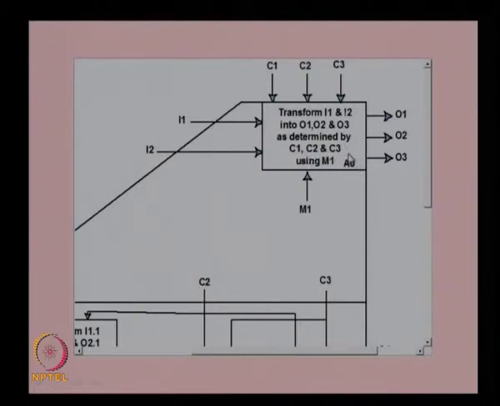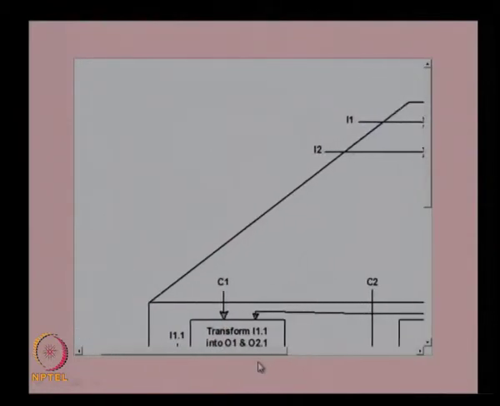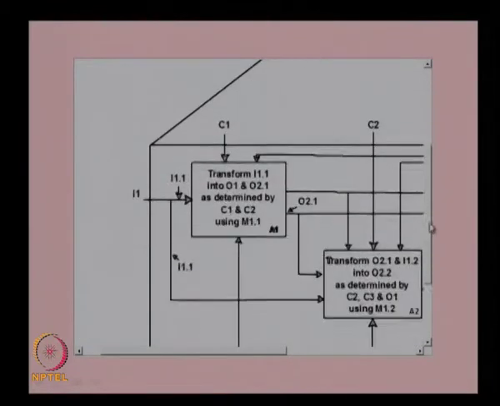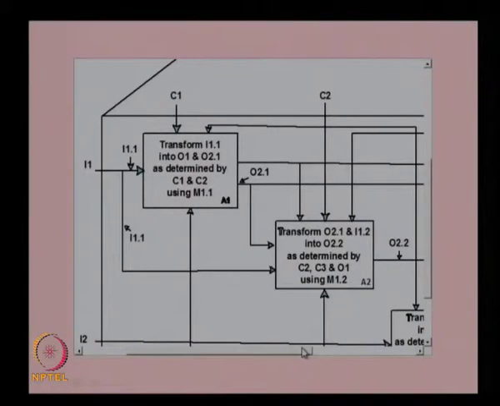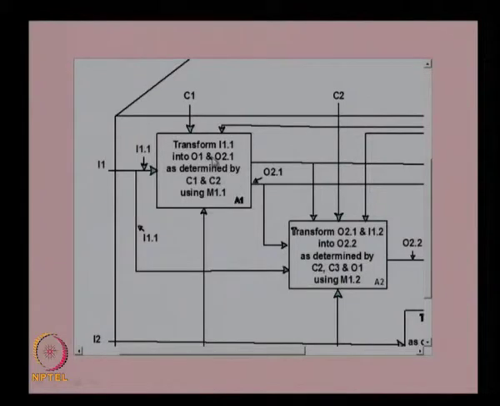So that is the top level function A0, and then this A0 function is divided into its sub functions in the A0 diagram or the level 1 diagram. Here we show the input I1 and C1, which is acting on the function A1, which transforms input 1 to output 1 and output 2.1 as determined by C1 and C2, using the M1.1 mechanism.